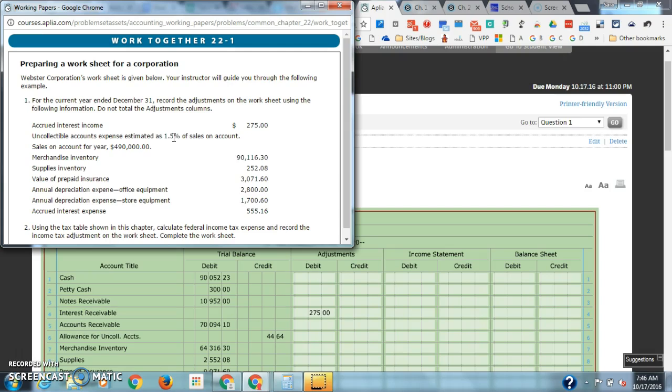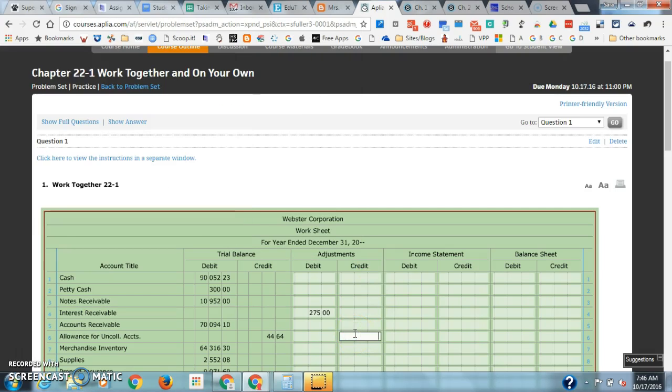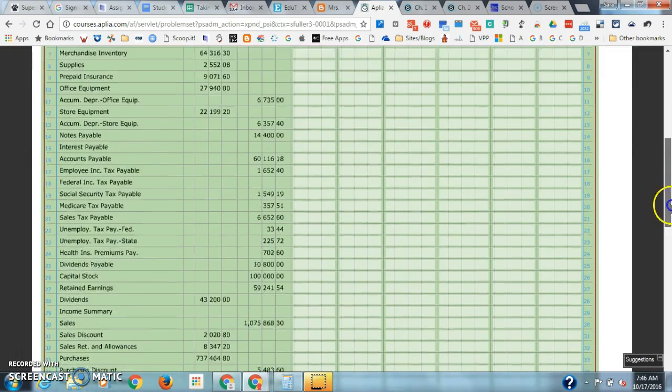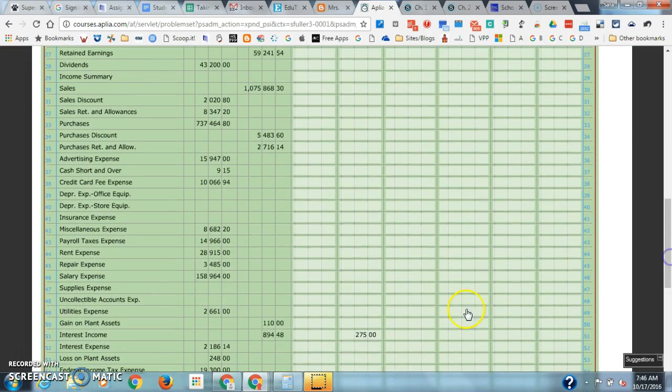So this is going to go on allowance for uncollectible accounts, here on line 6, and it's a credit, $7,350. And then our matching account is going to be uncollectible accounts expense, line 48. And it is a debit.